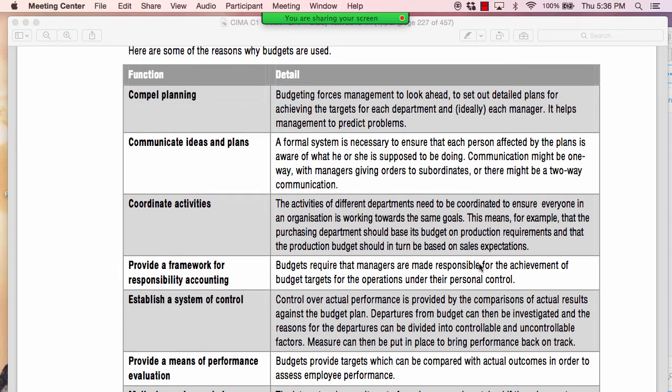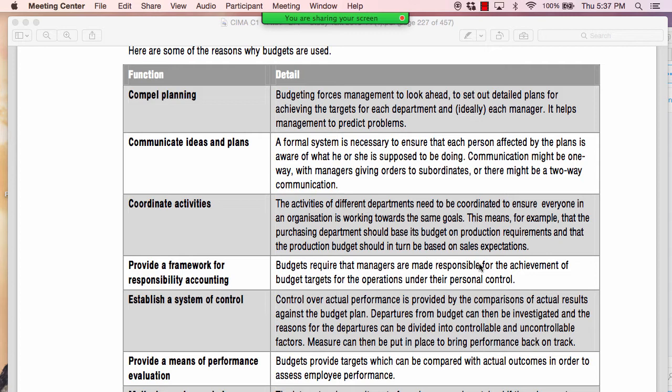If you take any organization, they will have a vision and a mission. What is that? This means, why do organizations exist, and what are they there for? So that's their vision and mission.